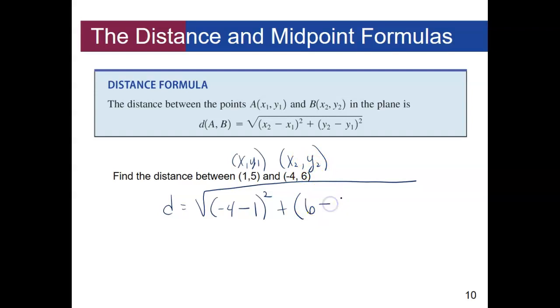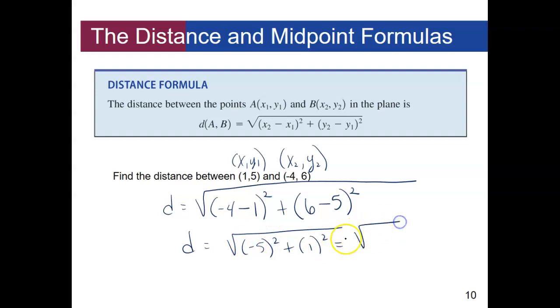We're going to subtract from that y1, which is 5, and square that. So then we'll simplify it. This is going to be (-5) squared plus 1 squared. It's going to give us the square root of 25 plus 1, or the square root of 26.